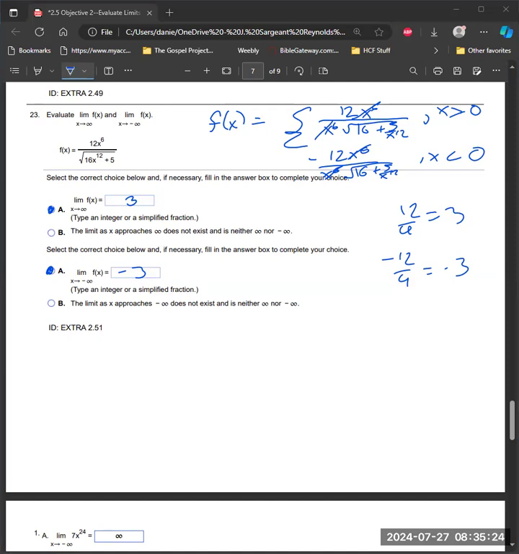I have 12x to the 6th divided by square root of 16x to the 12th plus 5.